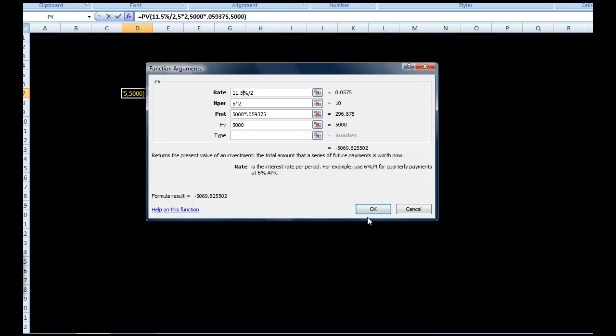So that's it. I hope that clarifies it a little bit for you. I got an idea. Let's take another minute or two and change this and go over this rate. Let's say we went up to 12%.